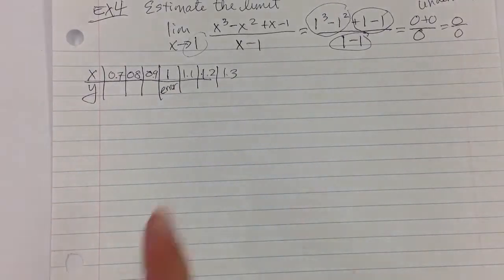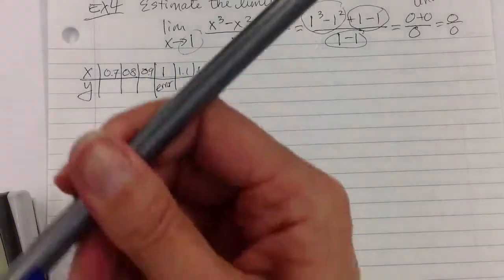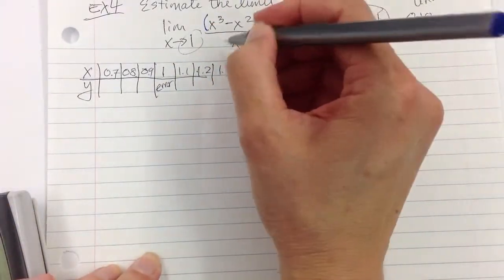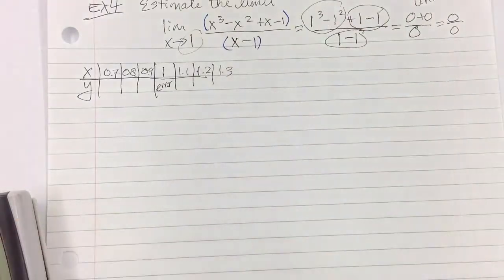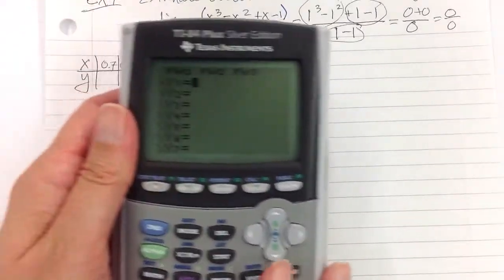Okay. So to do this, again, we plug this function into our calculator. Again, you're going to have to put parentheses around the top and the bottom to hold all that together. So I'm going to clear out my last function.